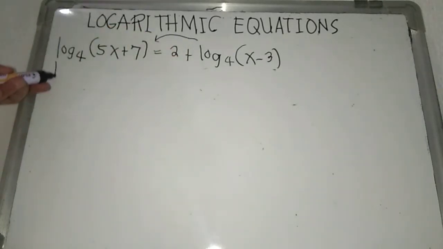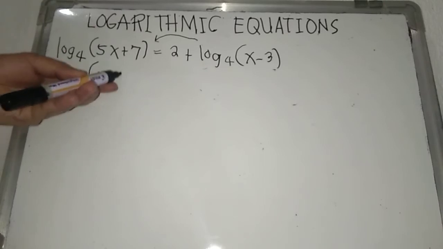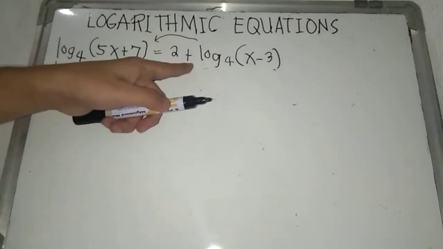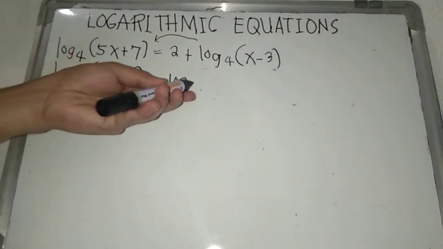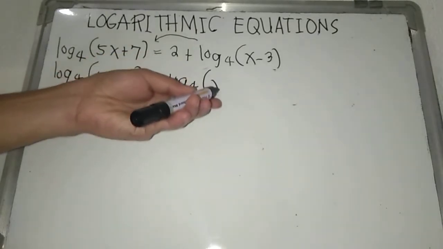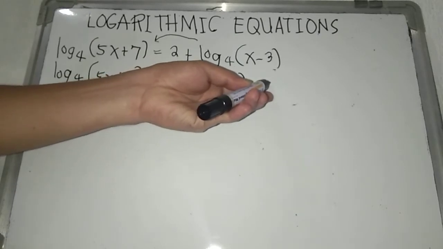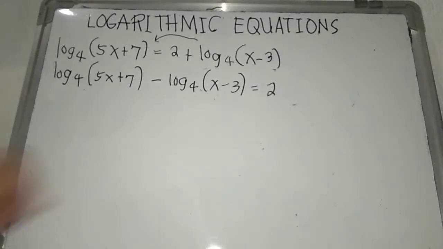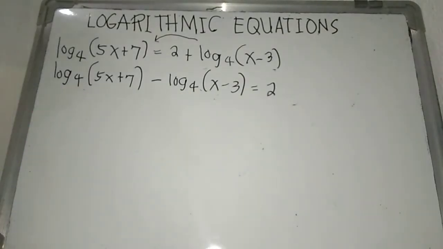So this will become log with a base 4 of 5x plus 7 minus, from positive it will become negative, log with the base 4 of x minus 3, and then all the constants must be occupying the right portion. All the logarithmic expressions must be occupying or dominating the left portion.